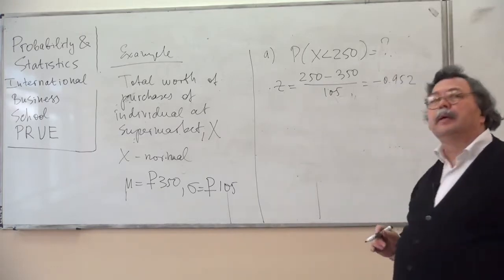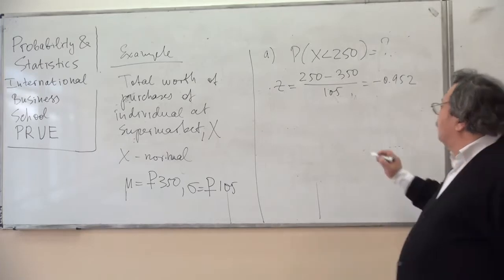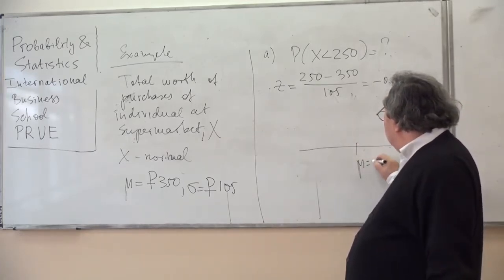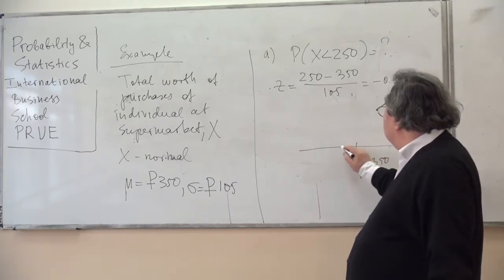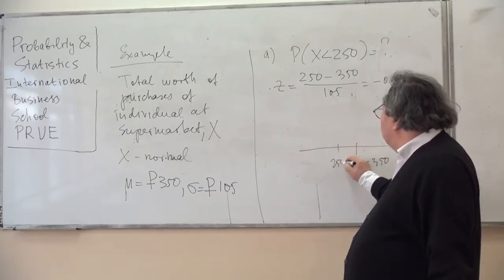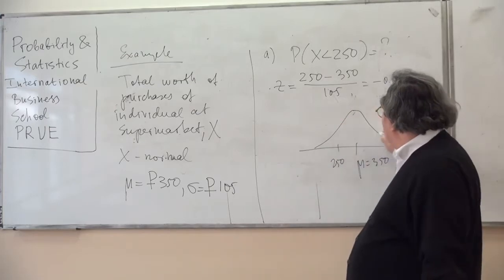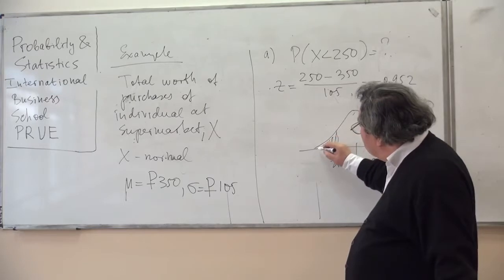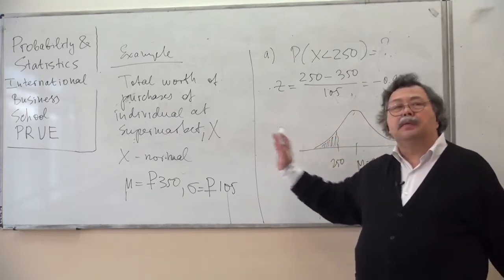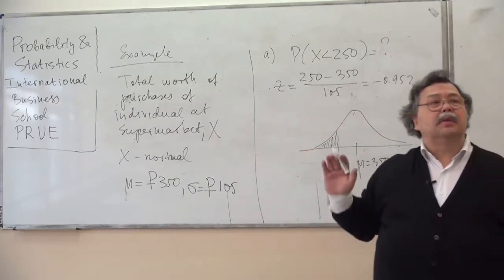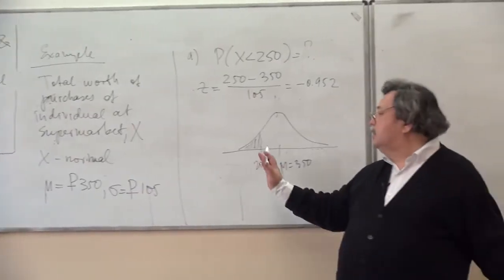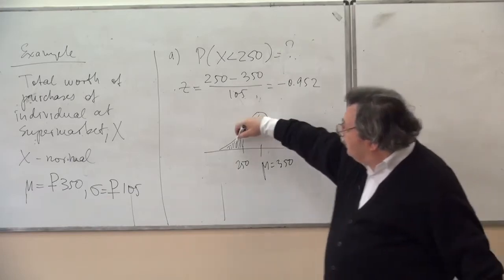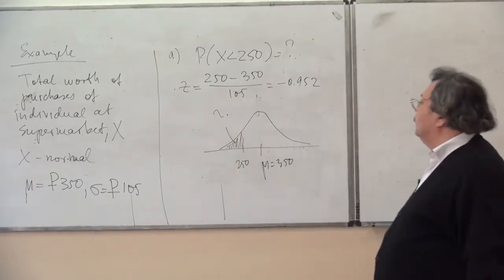So if we try to plot it, mu equals 350, and this is 250. Now we are talking about the probability associated with this left tail, associated with the values of x that lie to the left of 250.